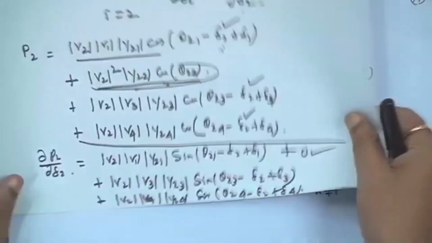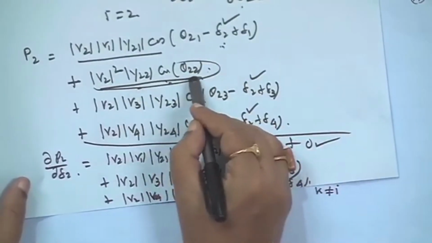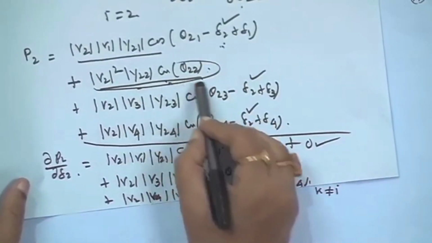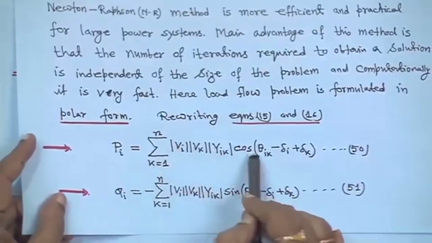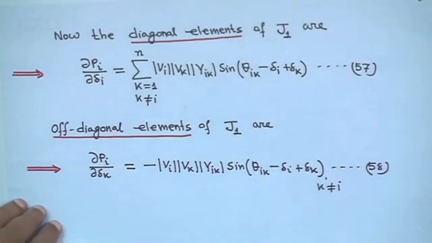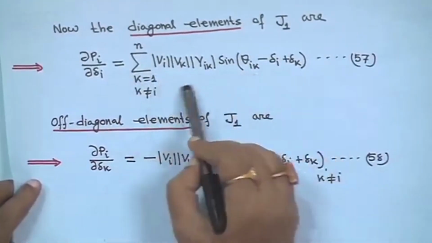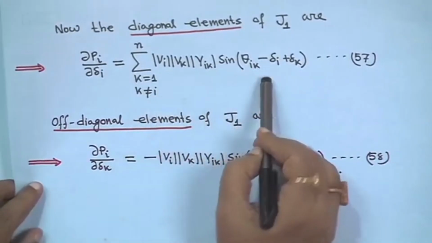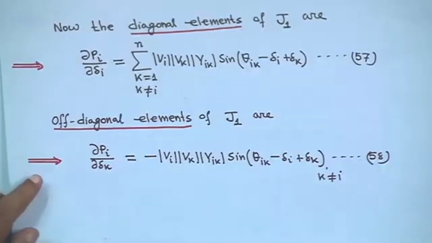When i is equal to 2, this term is independent of delta i, so it will become 0. That is why k is not equal to i. Although in the equation k is equal to 1 to n, this delta Pi, that is the diagonal element, is the sum of all these terms with k not equal to i, but with a sign multiplication. This is equation 57. Thank you. Again we are coming.